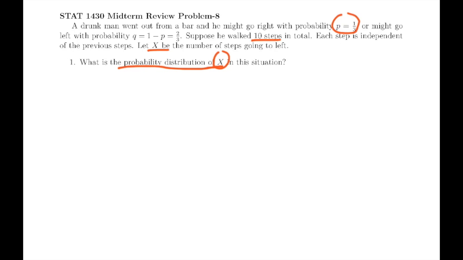We only have two options, going to the right or going to the left, each with some probability, and their sum is equal to 1. So basically you may assume that this X is some kind of binomial distribution.